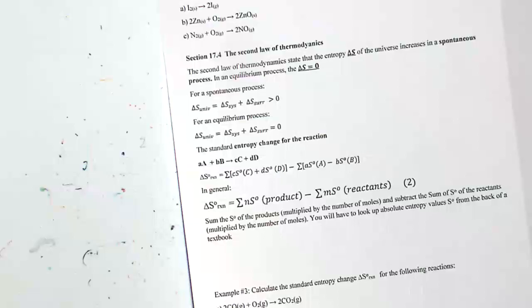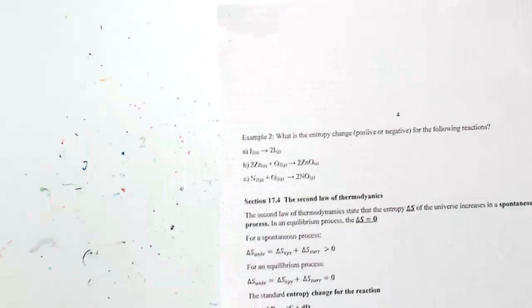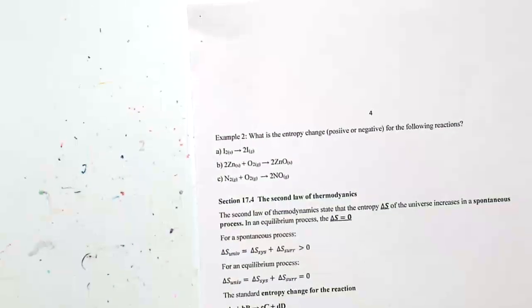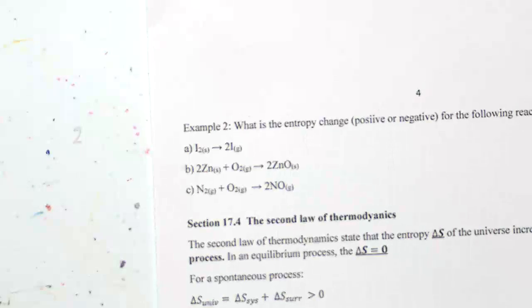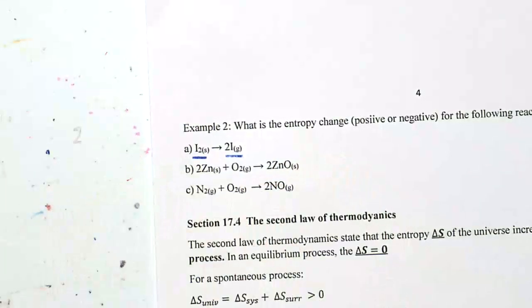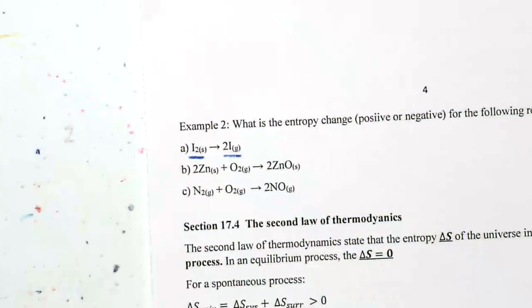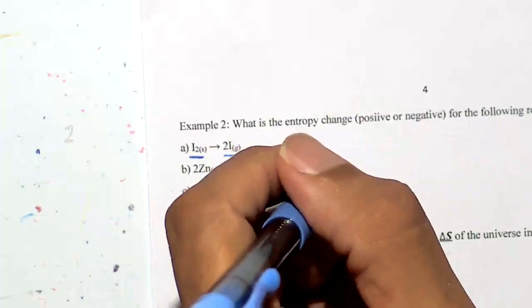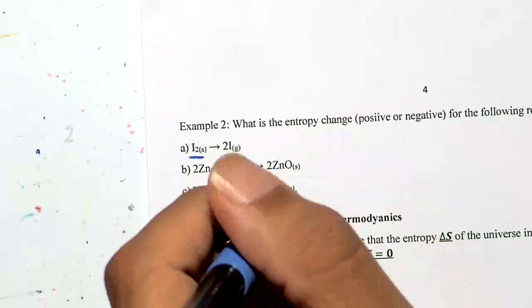Go to page 4 here. All right, how about going from I2 solid to 2 moles of I2 gas? What would we predict the entropy change would be?